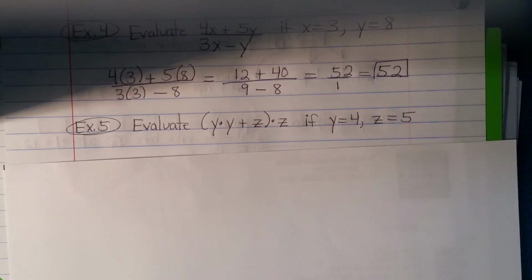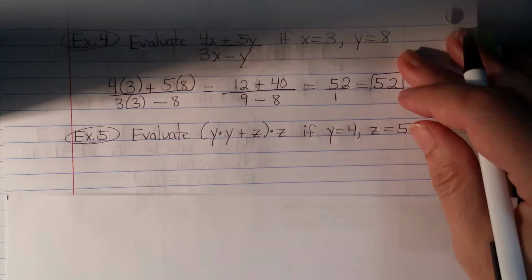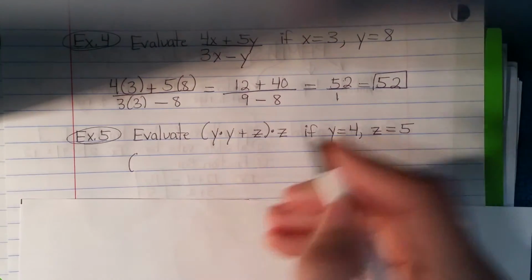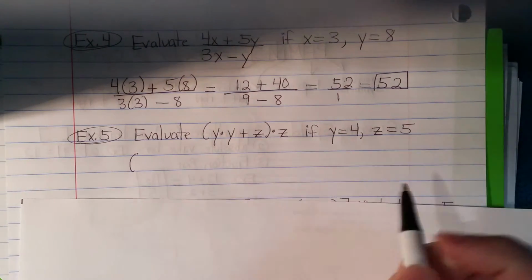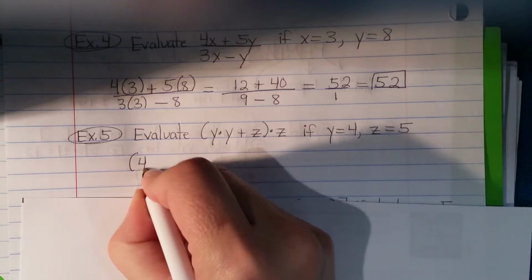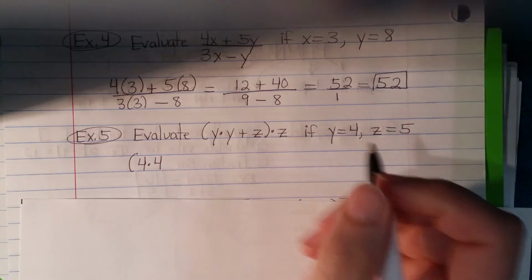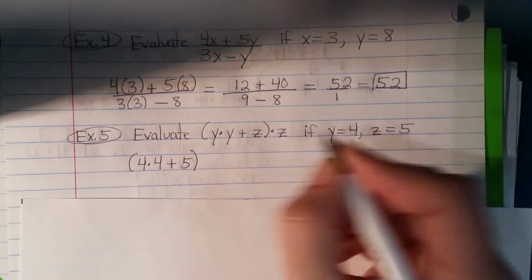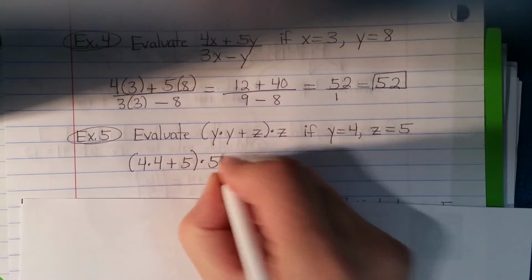Example 5. All right, so I have, this dot means multiply, it's not a decimal. So 4 times 4 plus 5 times 5.